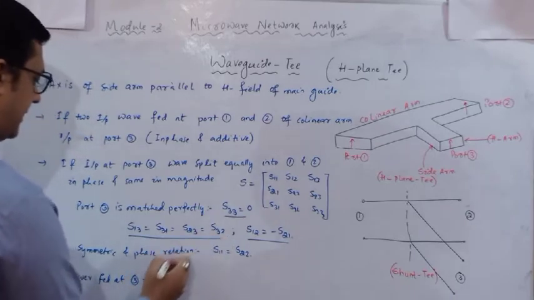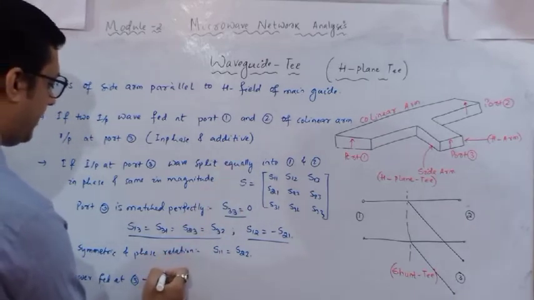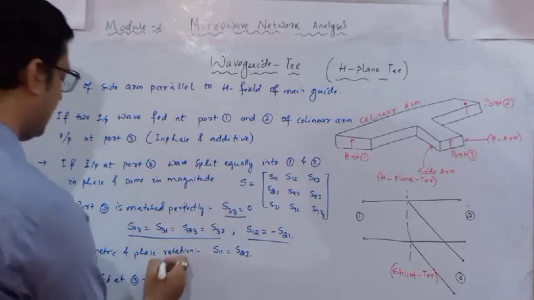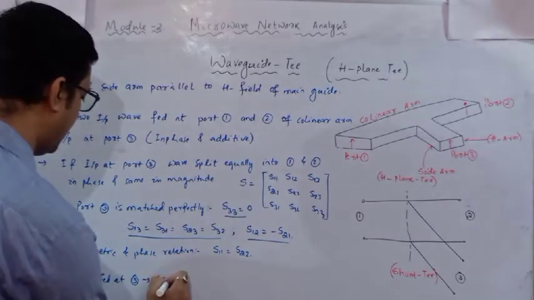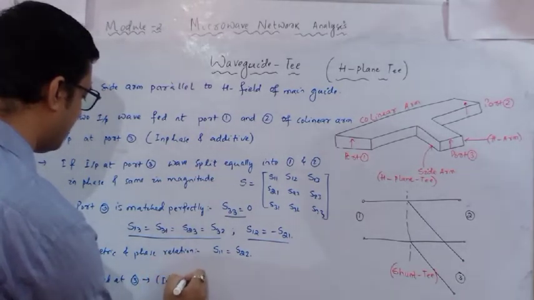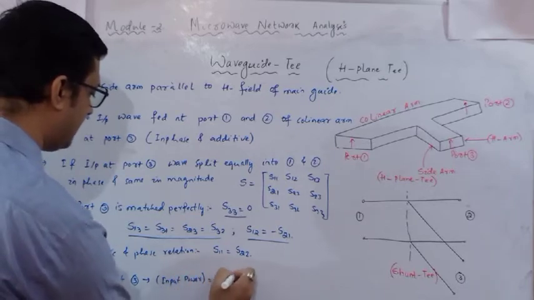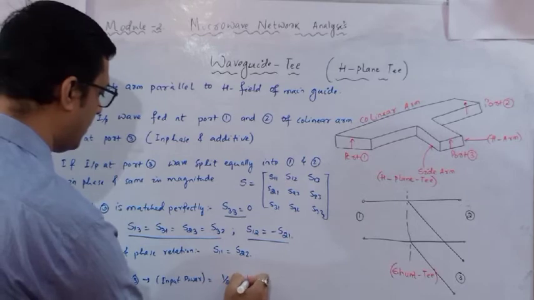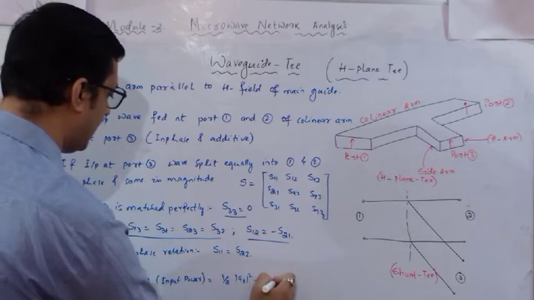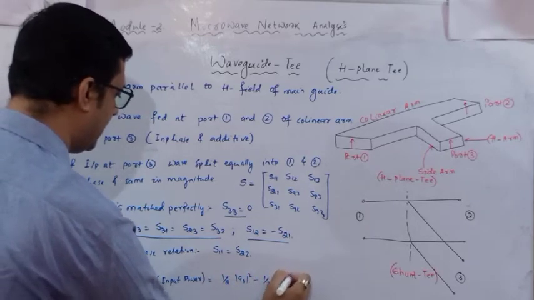Now for this case, this is my input power. Input power is equal to half mod A3 square minus mod B3 square.